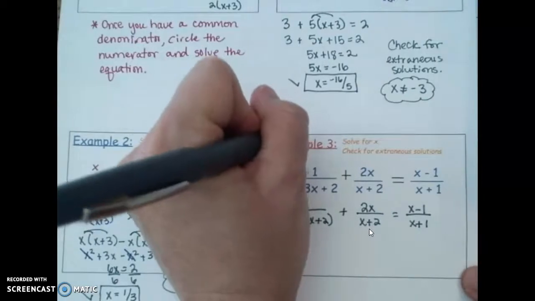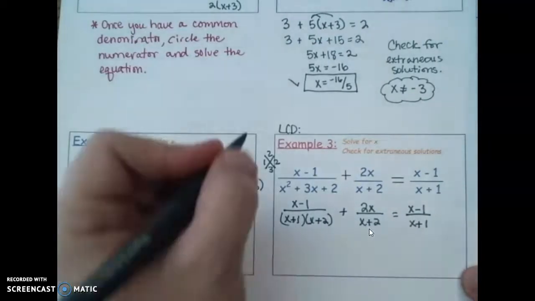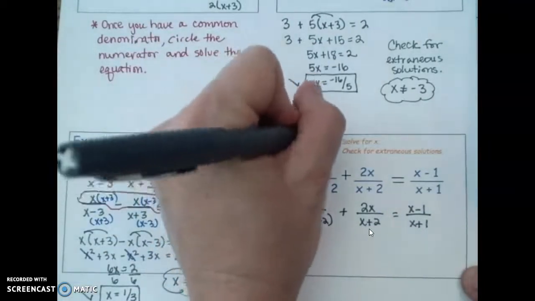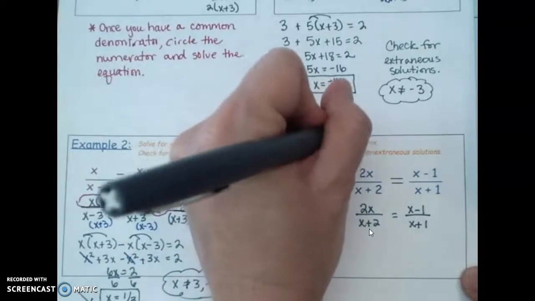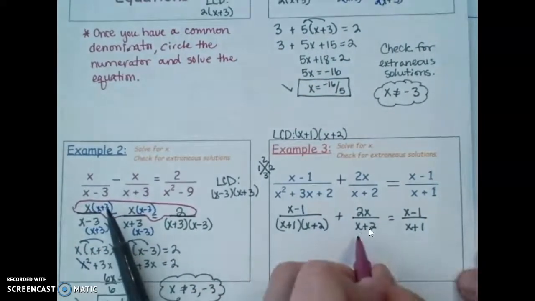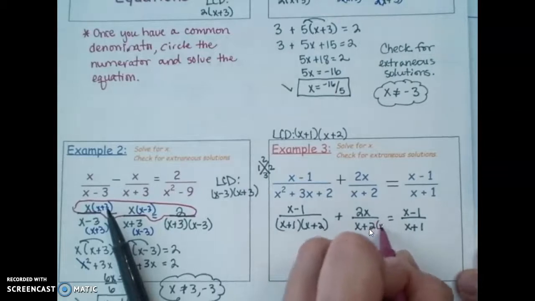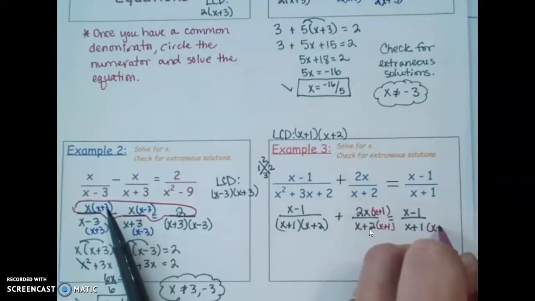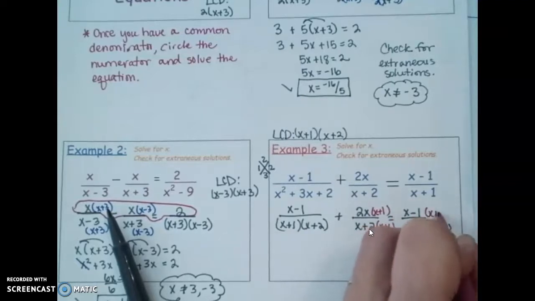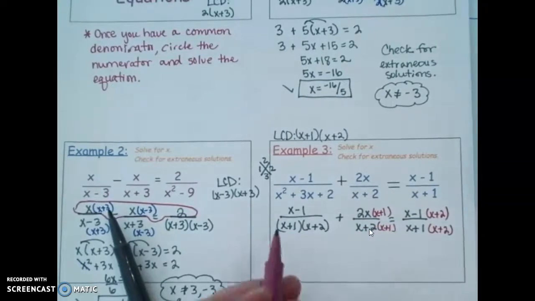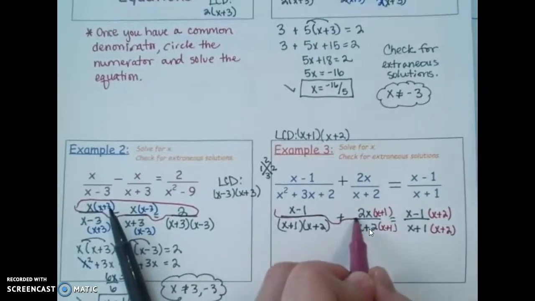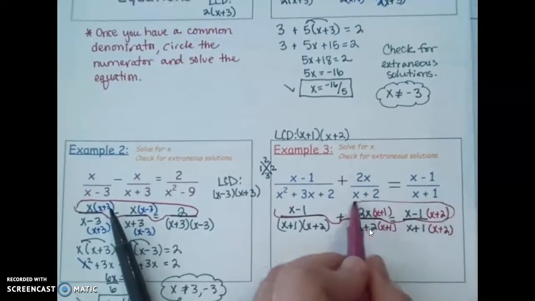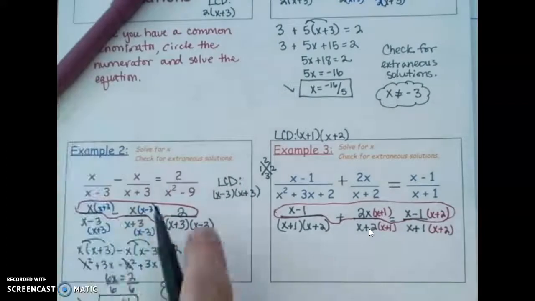So my least common denominator for this problem is going to be x plus 1, x plus 2. So here we need an x plus 1. Here we need an x plus 2. So again, we're ready to circle to figure out what we need to write for our equation.